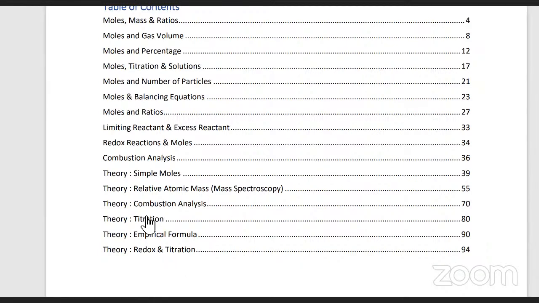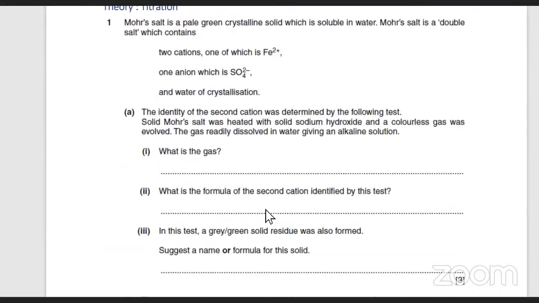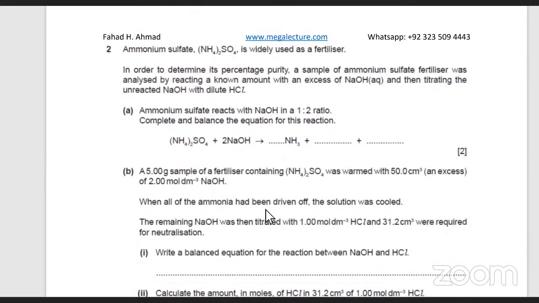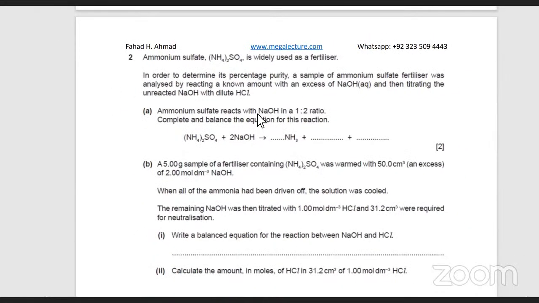So we're going to start off with the big ones first. Let's do one or two titration questions. For example, we can try and do this question, a titration question. Let's start with the first thing, I just need a calculator, just hold on 1 second.